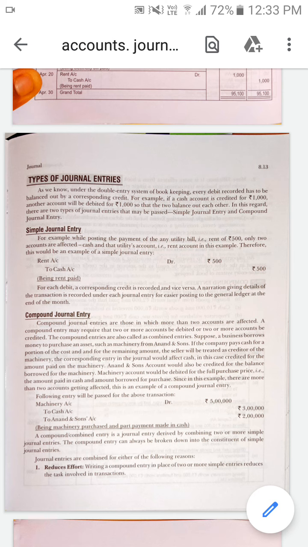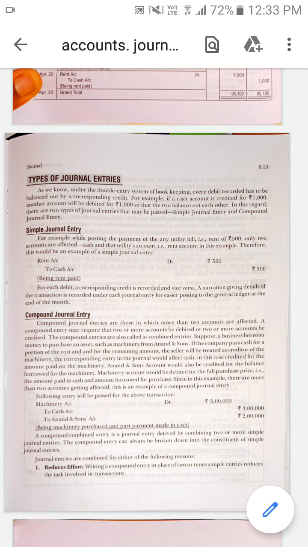So the credit part goes out to the cash account, and the balance amount is purchased on credit basis. So we are crediting the name of the seller. Anand and Sons will be credited for the balance amount. Understood?